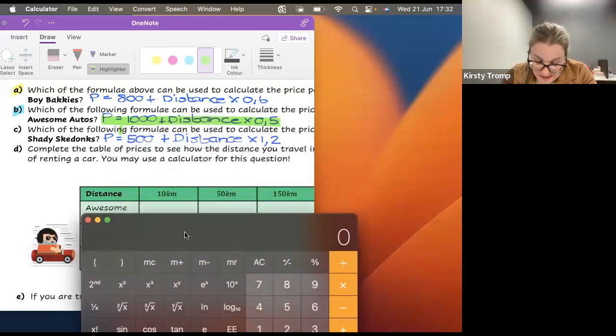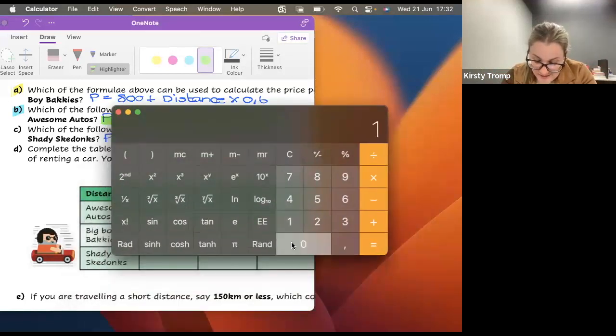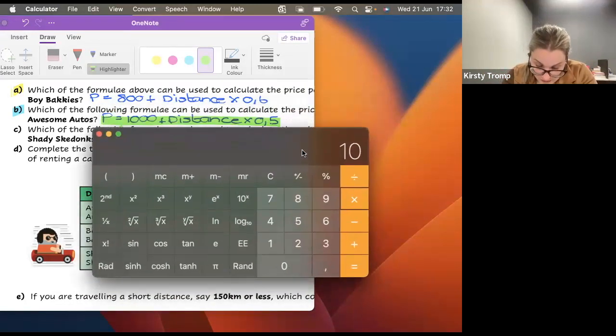So I'm going to take my distance, which is 10, and I'm going to multiply it by 0.5. Okay, so I've done my multiplication. Then BODMAS says to me that I must add. So then I must add 1,000, equals.